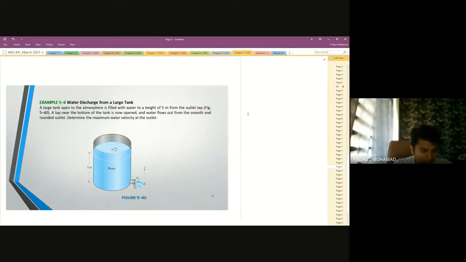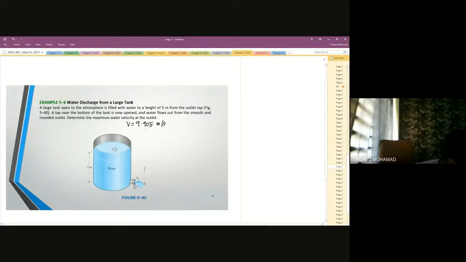V berapa dapat? 9.905. Alright. Siapa lagi dapat? Atau tak buat?